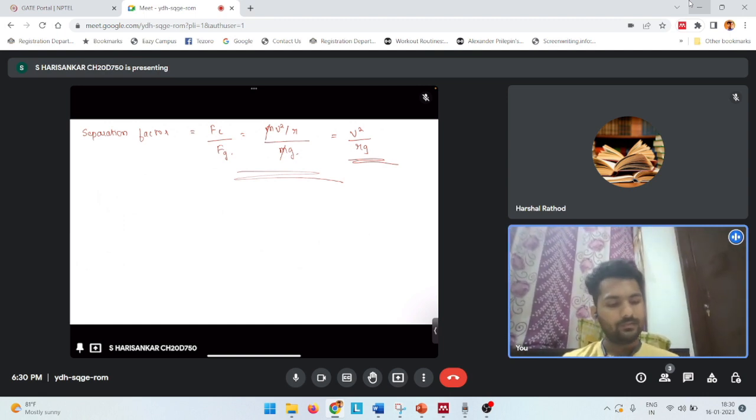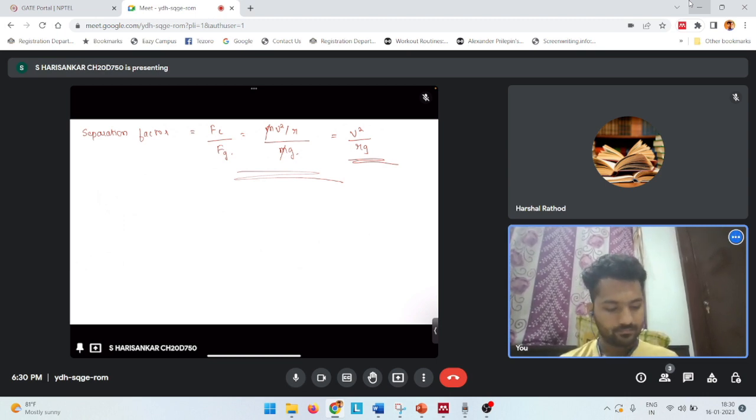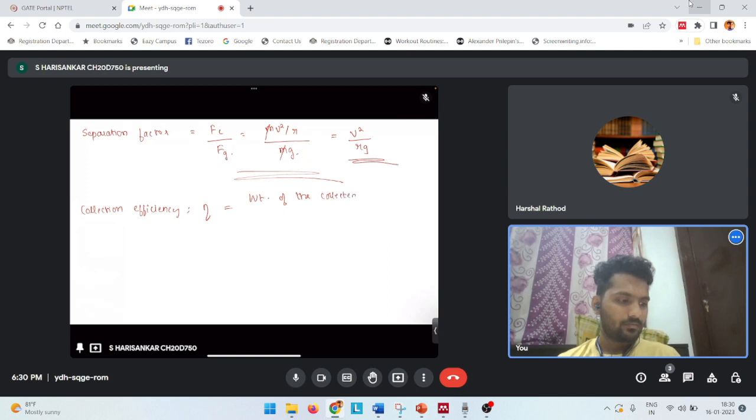One more thing we need to learn regarding this cyclone separator is the collection efficiency. Say it is eta, and this eta will be equal to the weight of the collected solids by the weight of the feed.